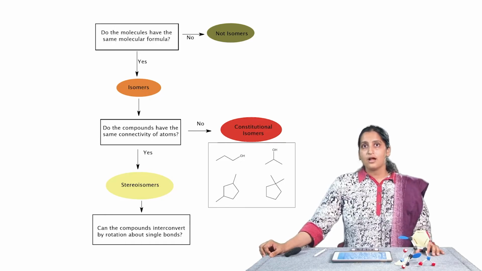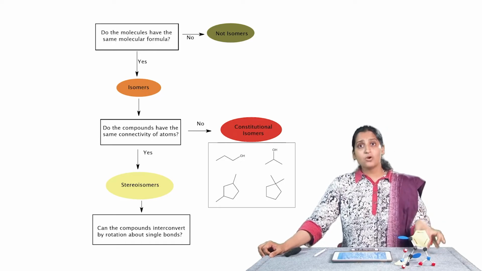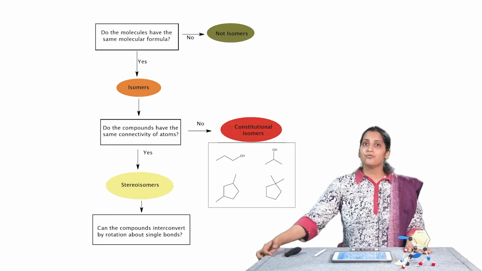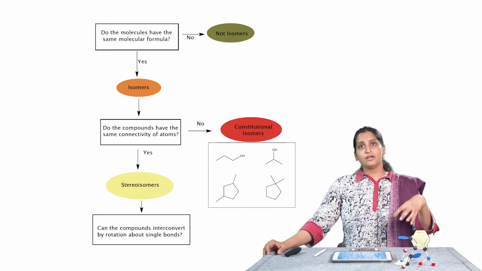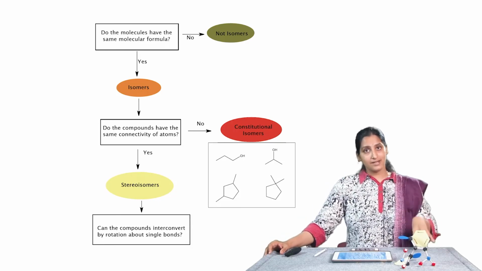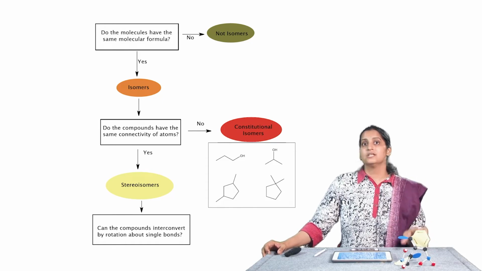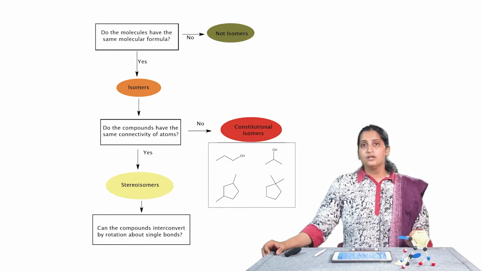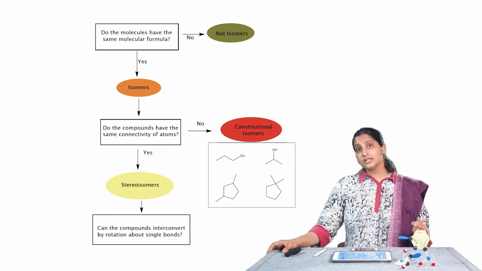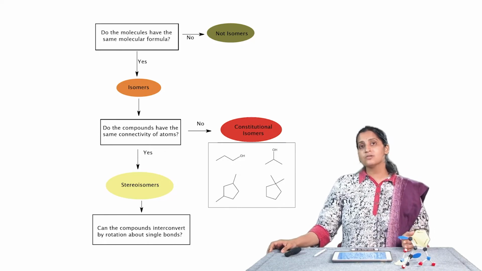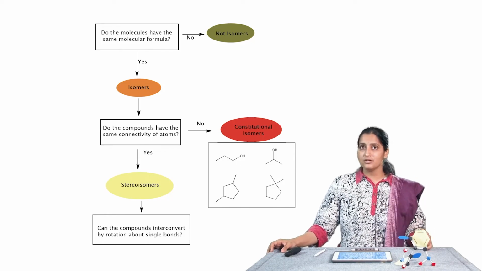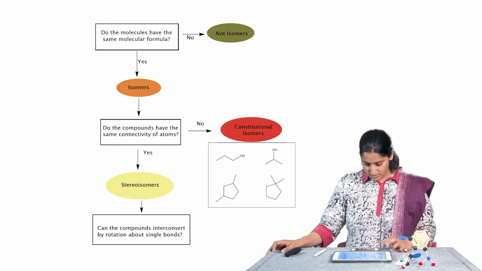However, if the connectivity is also the same, then we have to go further, because if the molecular formula is the same and the connectivity is the same, then they are stereoisomers of each other. Now we will look at what kinds of stereoisomers.